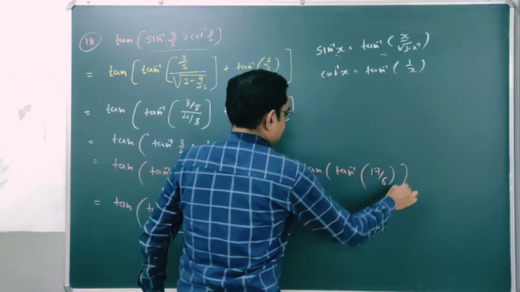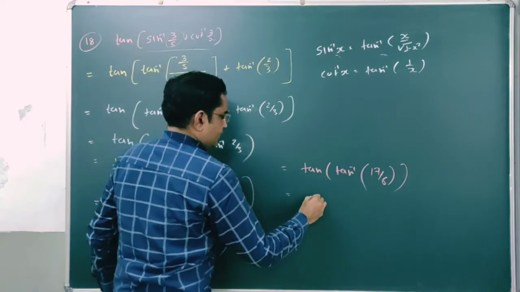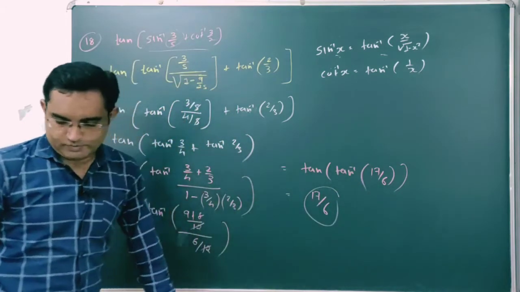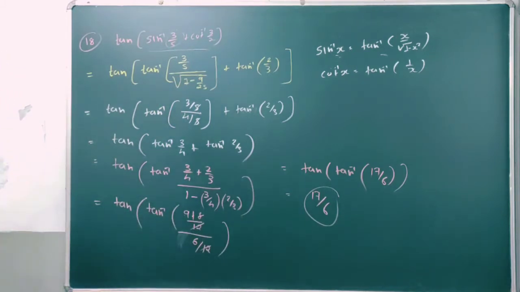So this is nothing but 17 by 6, the solution of this given trigonometric equation. Clear, students?